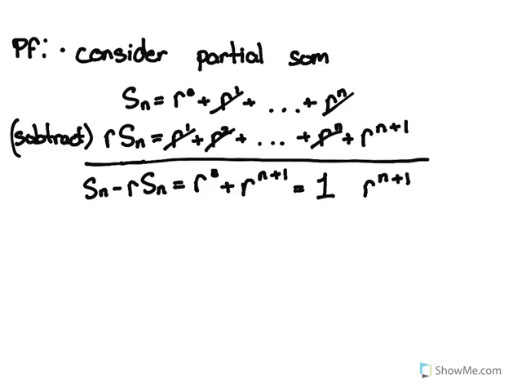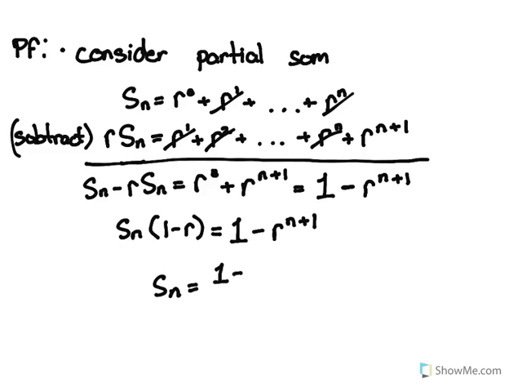Sorry, correction, this is 1 minus r to the n plus 1, because we're subtracting the second line from the first line. So if we factor out the Sn on the left-hand side, we get that Sn times 1 minus r is equal to 1 minus r to the n plus 1. So that means Sn is equal to 1 minus r to the n plus 1 over 1 minus r.